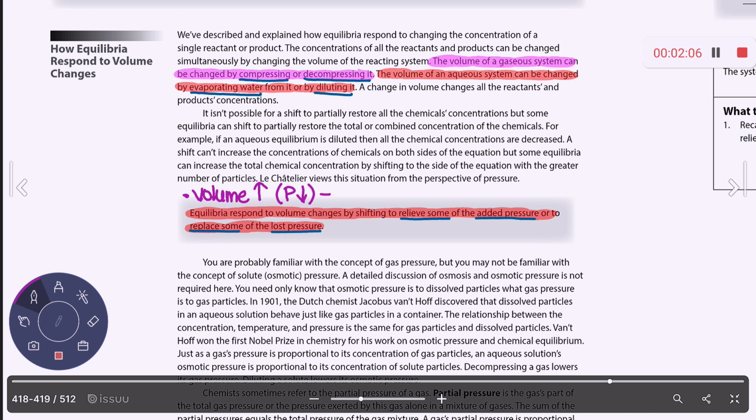So then you would shift to the side with more particles to help restore the pressure. And that would help get us back to equilibrium. You're going to want to memorize this because this is the guide to actually completing the problems. Okay?